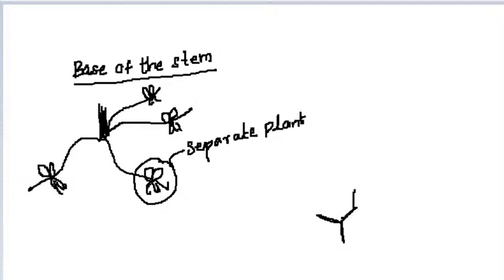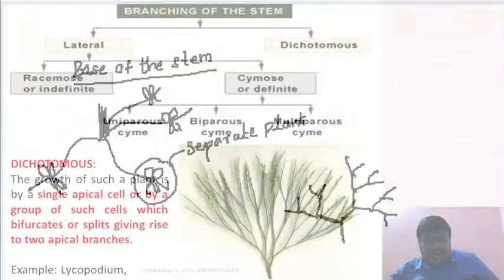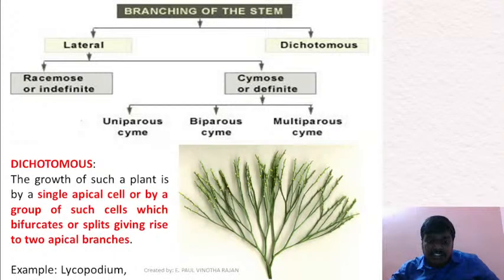Now this apical branch divides into two. This one divides into two. Again this one divides into two. This type of branching is called dichotomous branching. In the case of Lycopodium, we can see that.